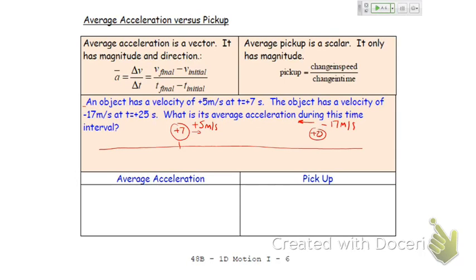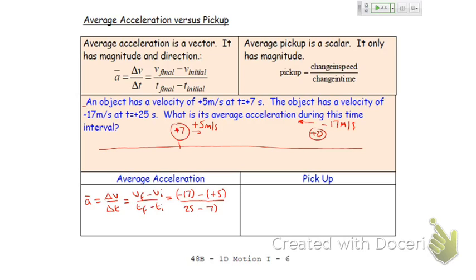What's the average acceleration during this time interval? My average acceleration is equal to my change in velocity over my change in time, which equals v final minus v initial over t final minus t initial. Looking at my diagram, that's minus 17 minus plus 5 over 25 minus 7.